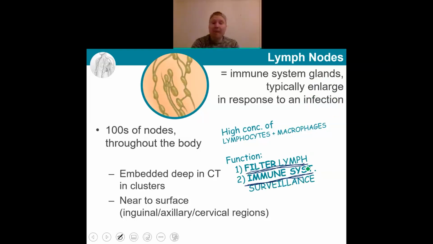What they do, we can give two functions. The first function is to fight against pathogens. The first way they do it is that they filter the lymph, so lymph gets filtered within these lymph nodes. In addition, it is where the immune system functions.